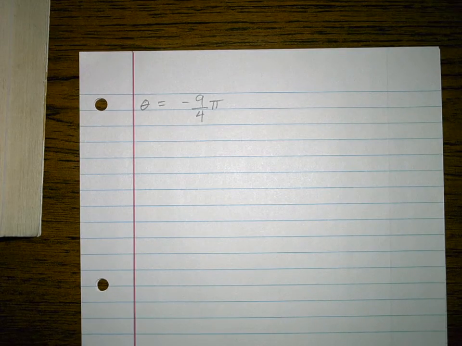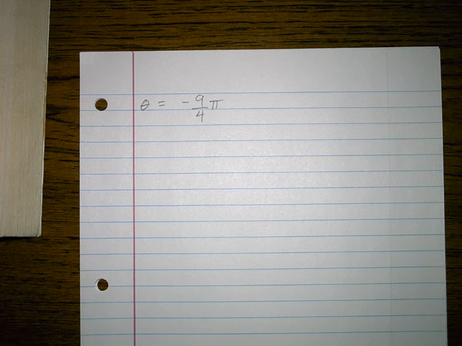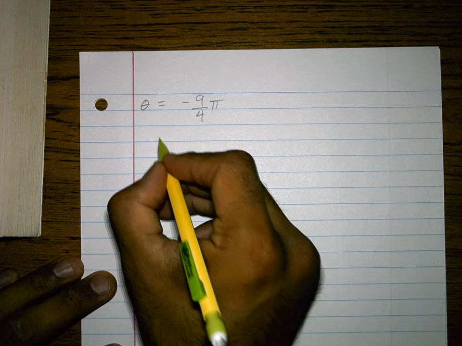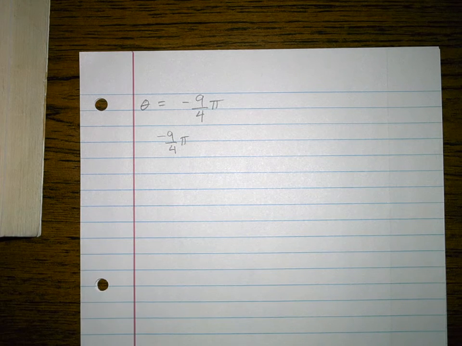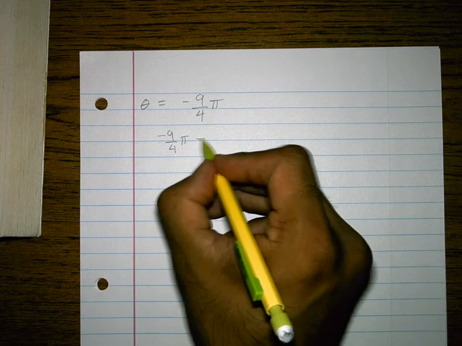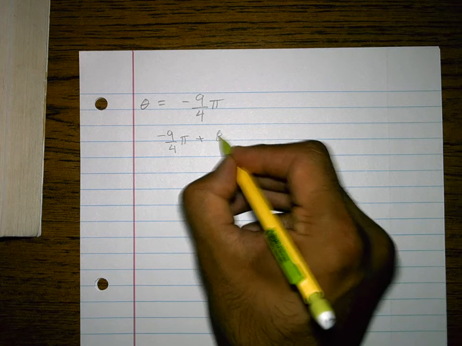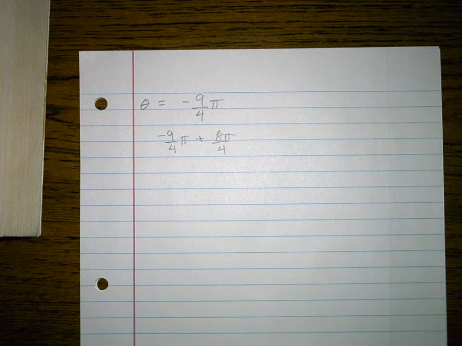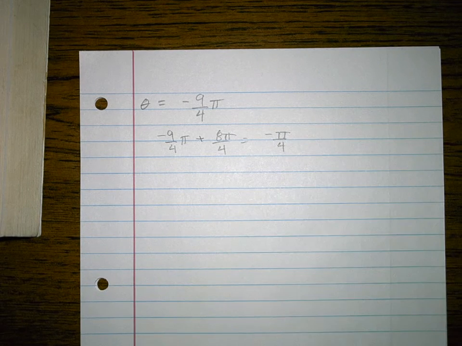Same thing, I want to use a reference angle. So I'm going to add 2 pi. I'm going to do a coterminal angle first to get it within 2 pi. So I'll add 2 pi, so that's 8 pi over 4, and this gives me negative pi over 4.